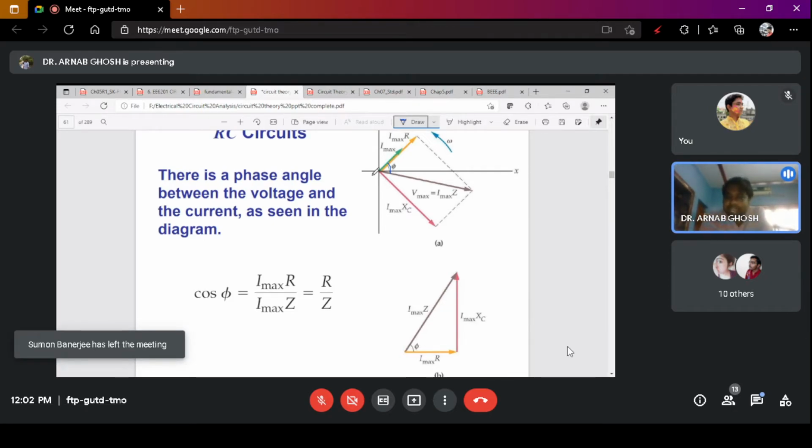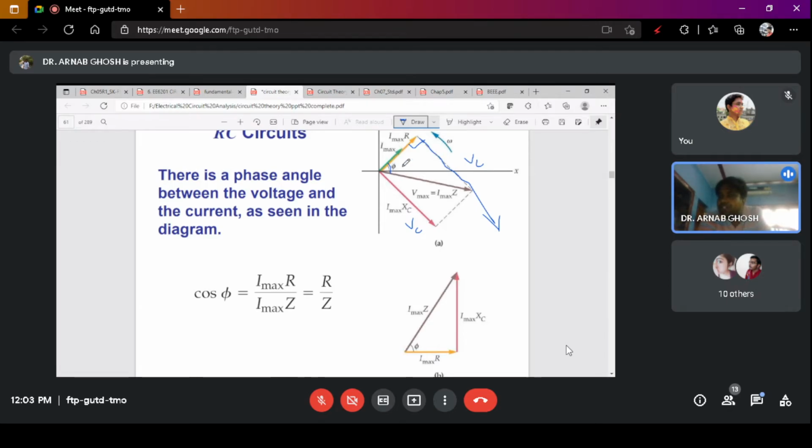Again, consider this rectangle. You can shift this phasor to this part. So if this was your VC, and we are considering the phase angle is this one, this is 90 degree. So this is your hypotenuse, this is your perpendicular, this is your base.